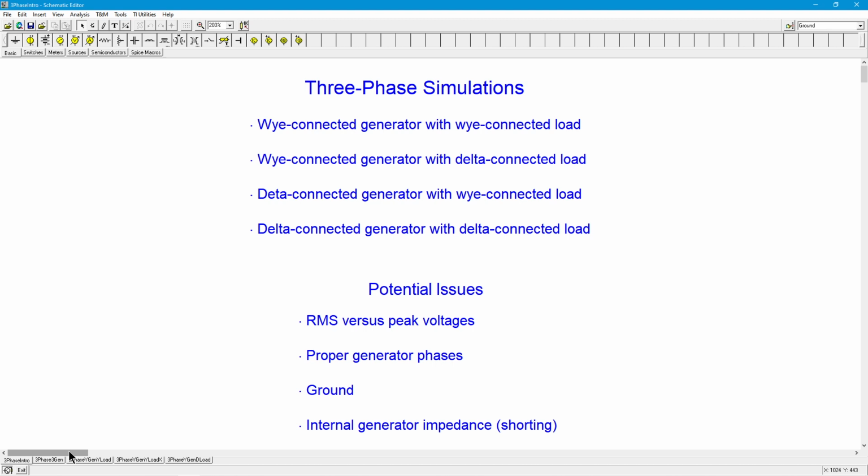And this is an issue with delta-connected systems. In other words, the internal impedance is assumed to be zero. So when you have a delta configuration, you can wind up with a system where the other phases, the other legs, the other generators are effectively shorted when you do an analysis of that. So we want to look at all of those things. Okay, great.